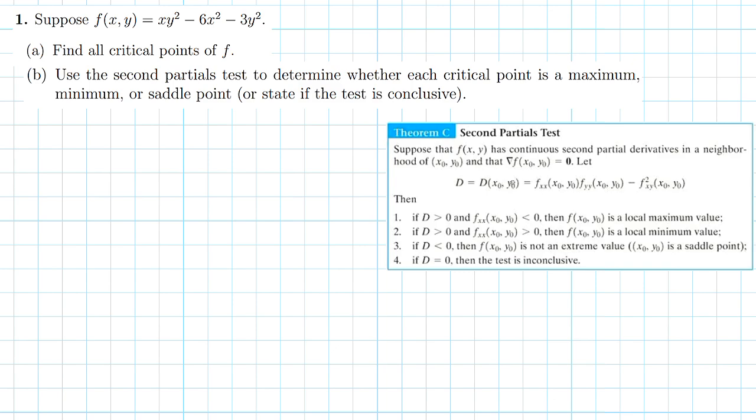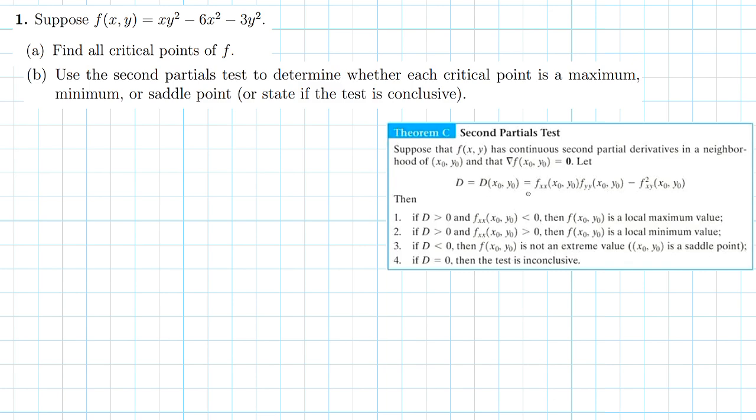The gradient of the function at the critical point is going to be equal to 0, because the gradient of f is basically the first partial derivative of the function with respect to x and with respect to y. Now here we have the discriminant, and we have to find the discriminant of the function at a point x naught y naught.